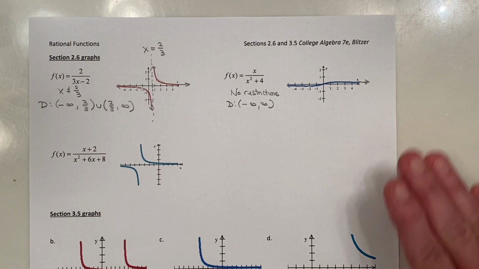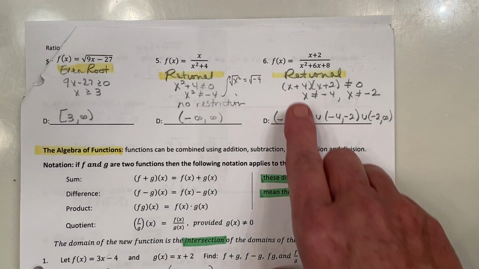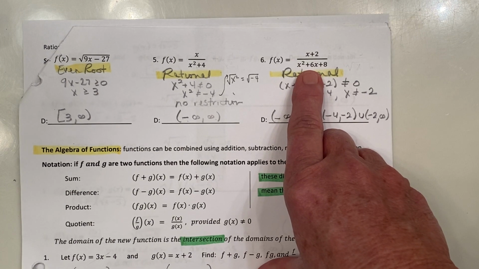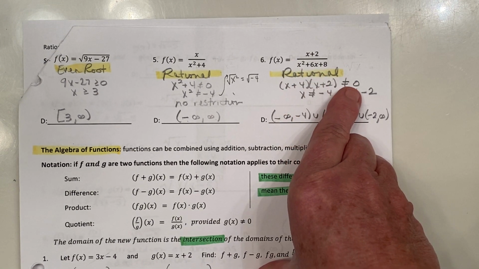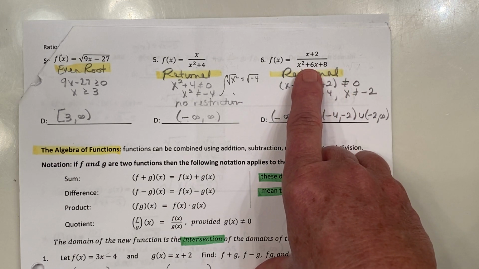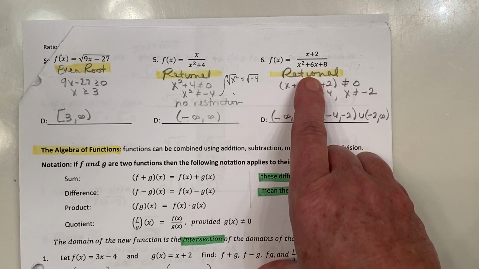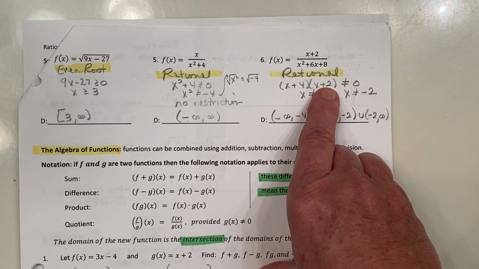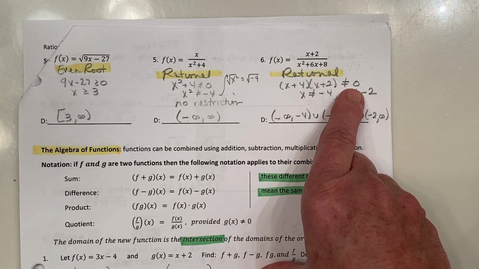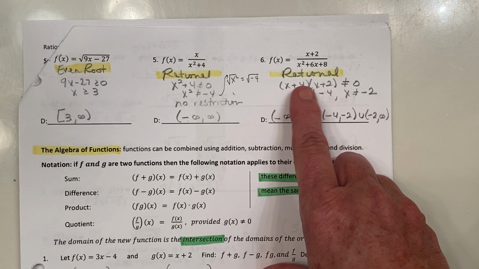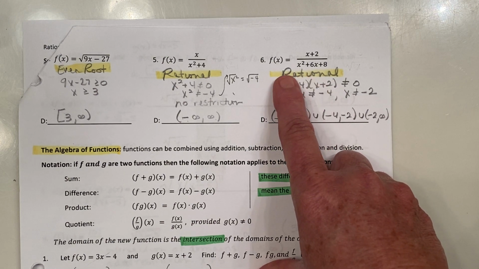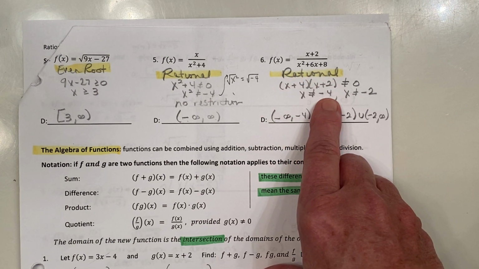All right, we had one more rational function way back here in 2.6, and it was this rational function. So what we did is we set the denominator not equal to 0, and then we had to factor. So we used our factor sum chart, and we ended up with this binomial times this binomial does not equal 0. Set each binomial, that means two terms, equal to 0. The factor of x plus 4 gives us a restriction of -4.